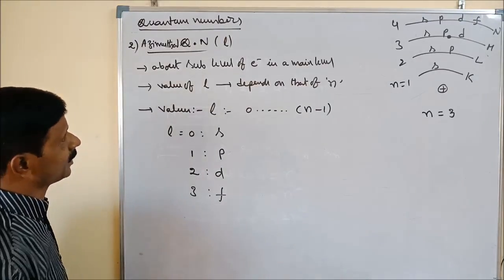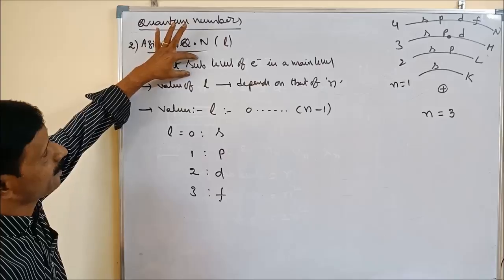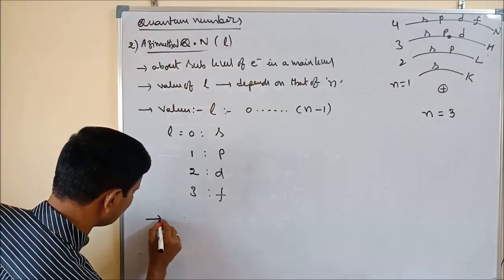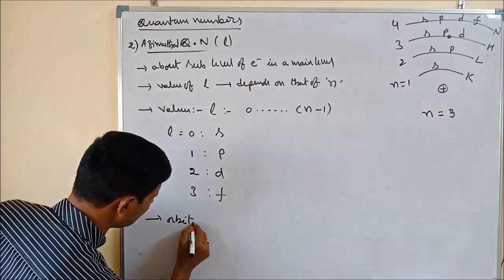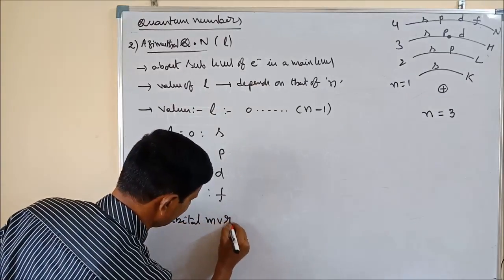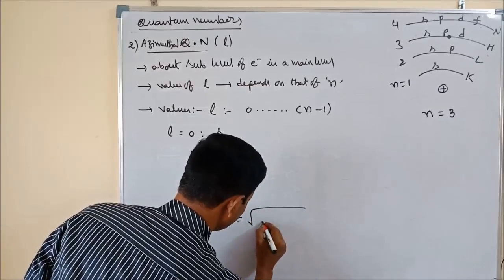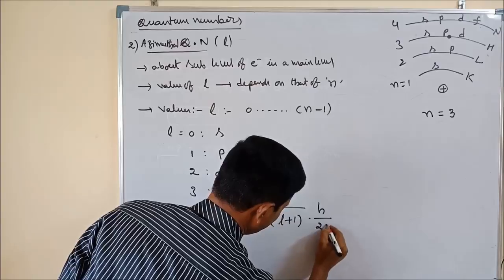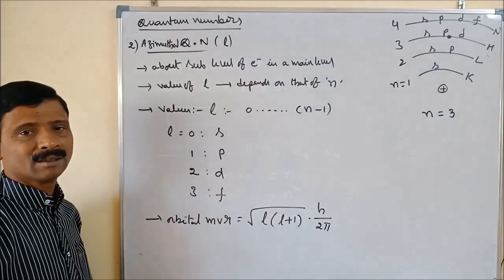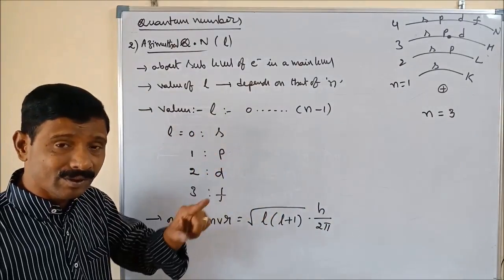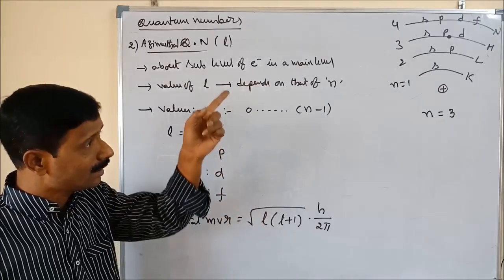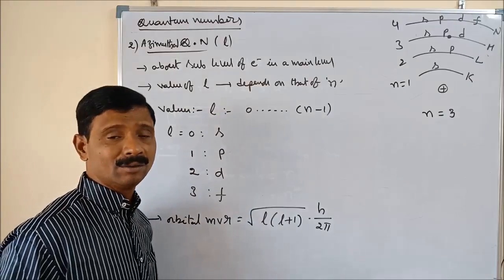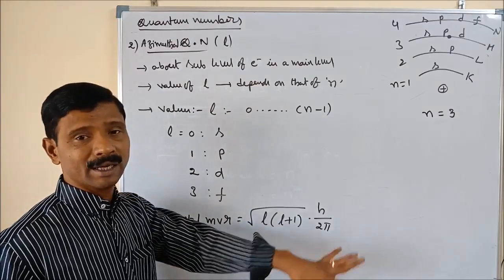Now, if you observe the importance, already you know that it will give us an idea about the sub-energy level. And apart from that, we can find out orbital angular momentum with the help of l value. That is nothing but root of l into (l plus 1) into h by 2 pi. In a main level, mvr equal to n into h by 2 pi. In a sublevel, the angular momentum is root of l(l plus 1) into h by 2 pi.